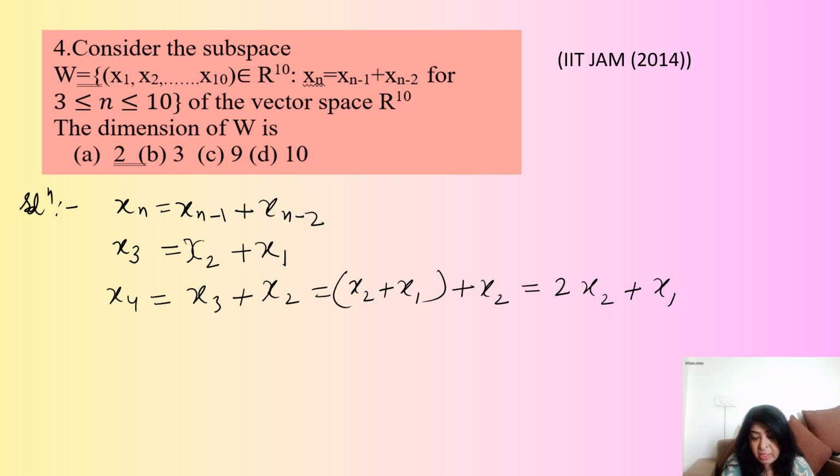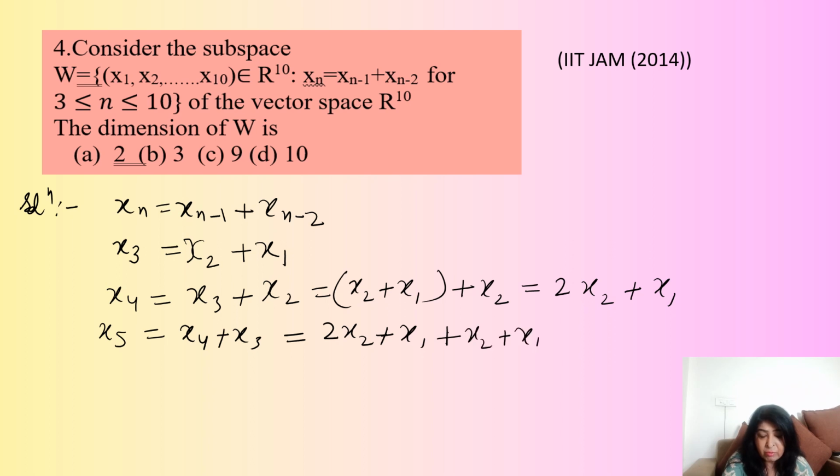Then what will be x5? x5 will be x4 plus x3. x4 is 2x2 plus x1 and x3 is x2 plus x1. So what we are getting is 3x2 plus 2x1 and so on.